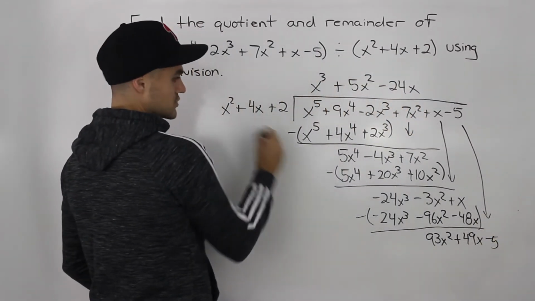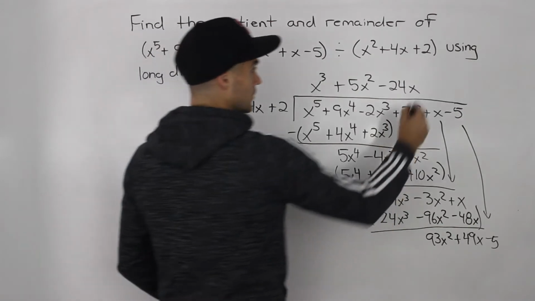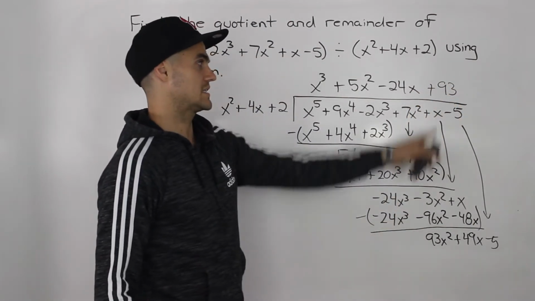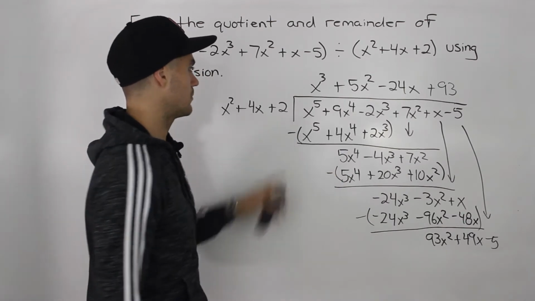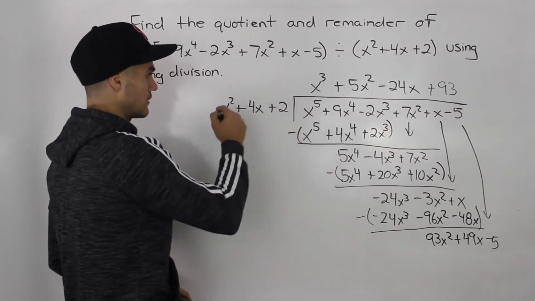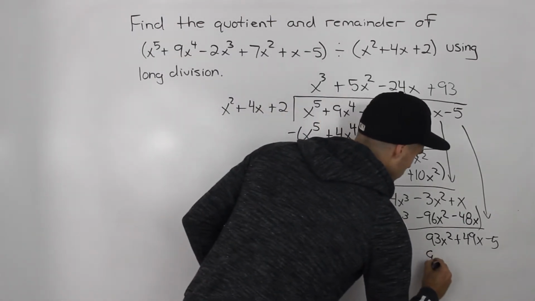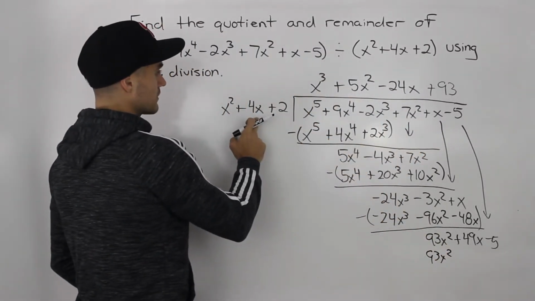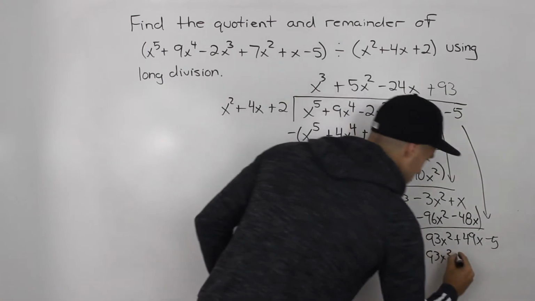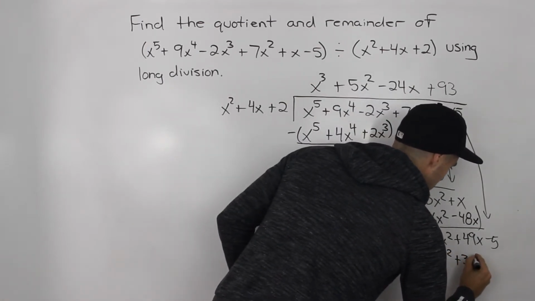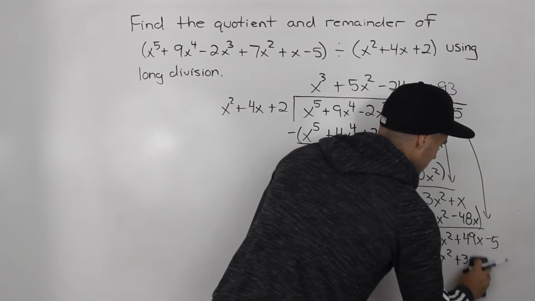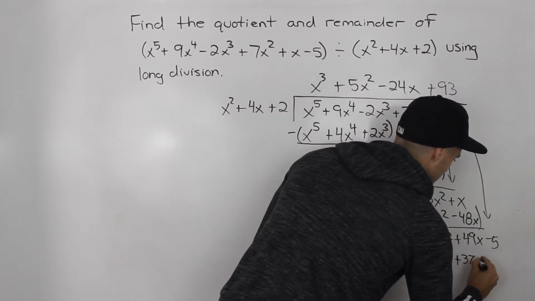So how many times does x squared go into 93x squared? Well, 93 times. So then we take that positive 93, multiply by all the terms in the divisor. So 93 times x squared gives us 93x squared. 93 times 4x would give us, rather, 372x.